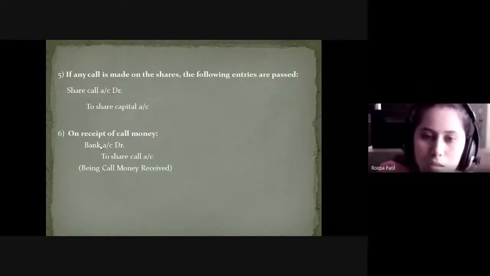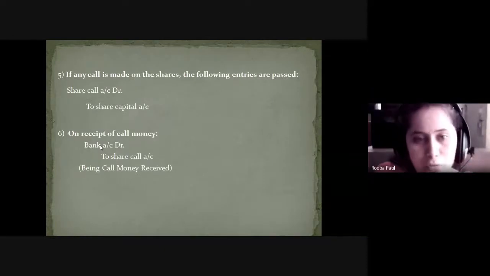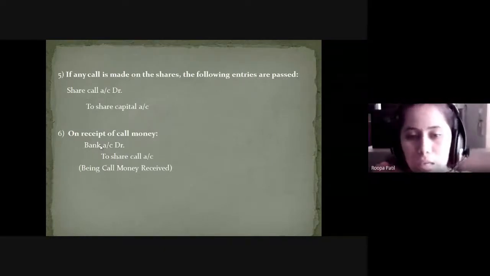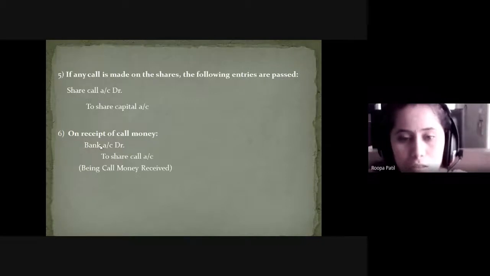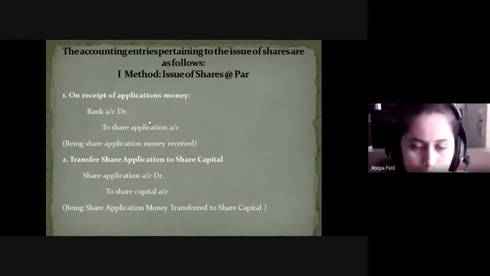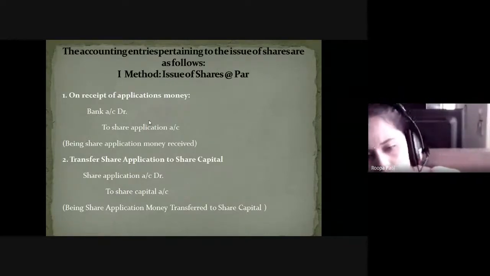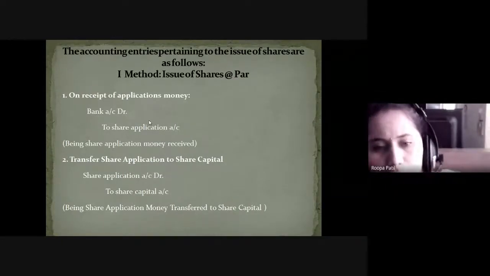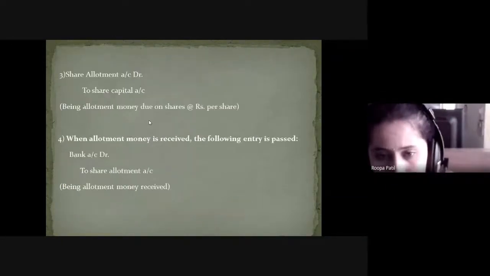Application contains two journal entries: the receiving entry and the transferring entry. Receiving entry: bank account debit to share application. Second, the application money is transferred to share capital: application account debit to share capital.